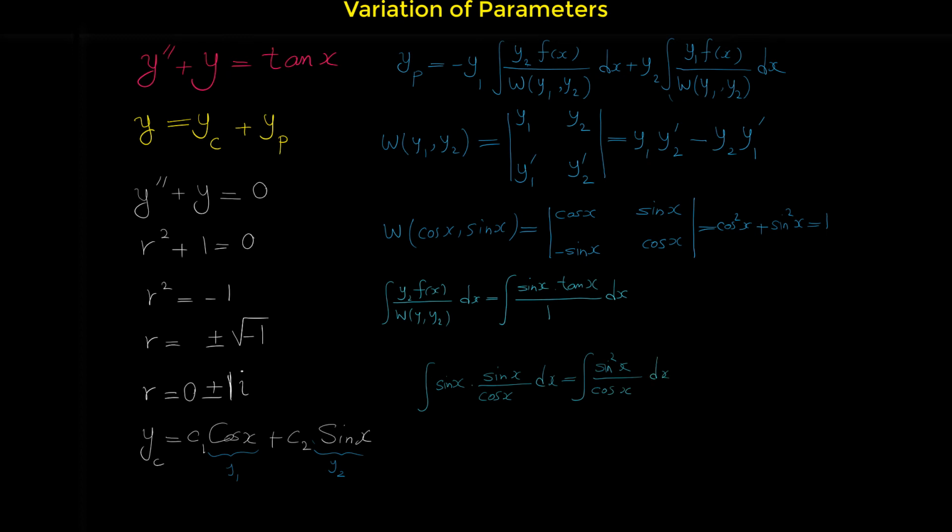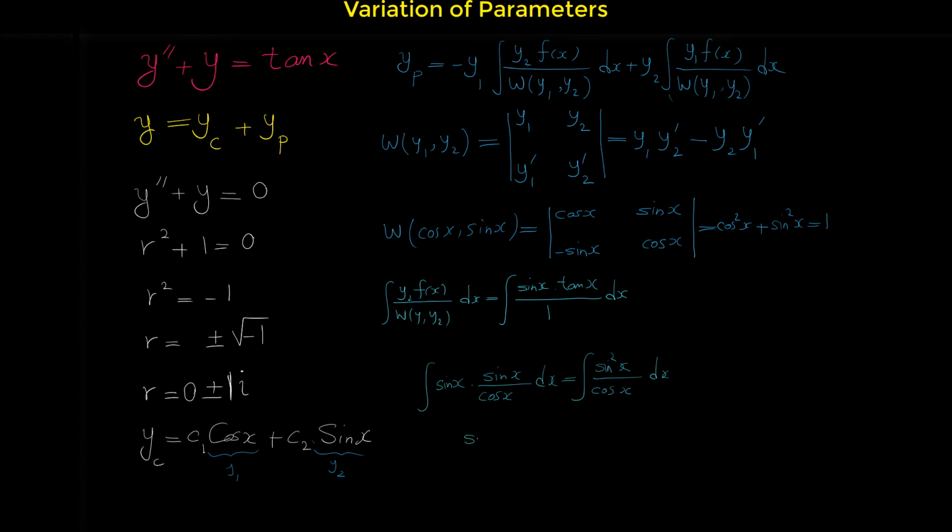But how can we find this integral? If you try to use methods like substitution or integration by parts, probably you cannot find this. The easier way that you can find this integral is to use one of the trig identities.